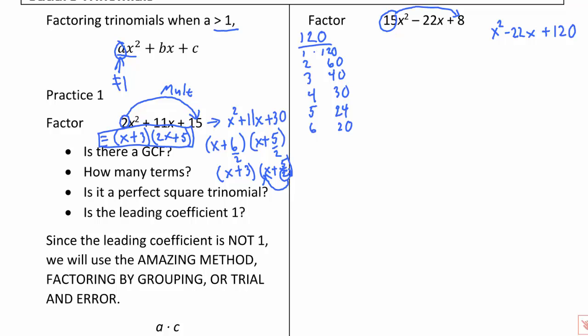7 does not go into it. 8, well, does 8 work? If we do an 8 here, that gives me 15. So it's 8 and 15. 8 plus 15 is 23. That doesn't quite work. How about 9?